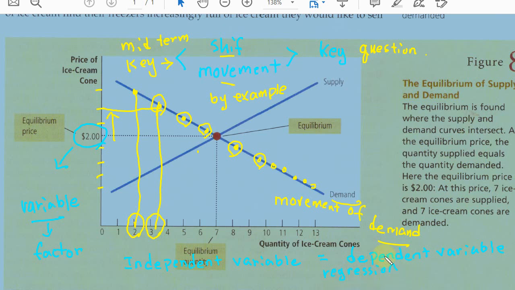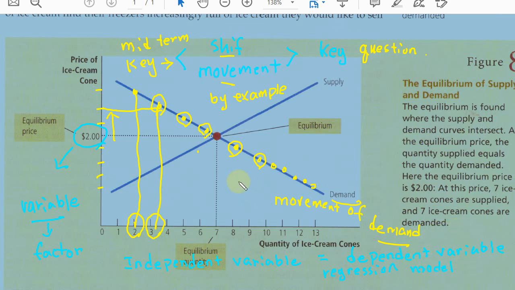So we make the regression model in this graph, and we can detect how the movement varies: once price increases, how does the demand point change? That is the regression model between dependent and independent variable.